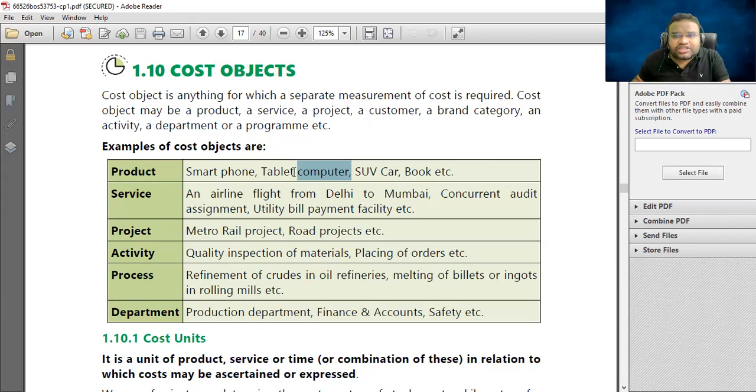So what is the cost of each activity? Process, refinement of crude oil process. For example, your process is completed in 2 to 3 processes. What is the cost of each process? That is what we discussed in process costing. So cost of each process is a cost object. Department, production department, what is the cost? Service department, what is the cost? Finance and accounts, what is the cost? HR, what is the cost?